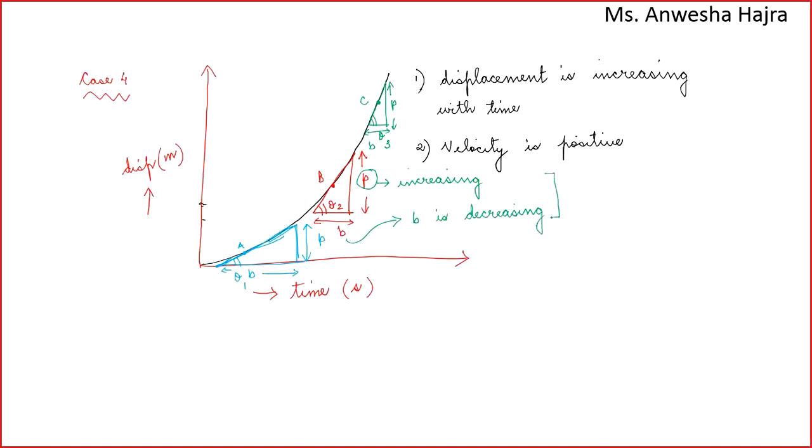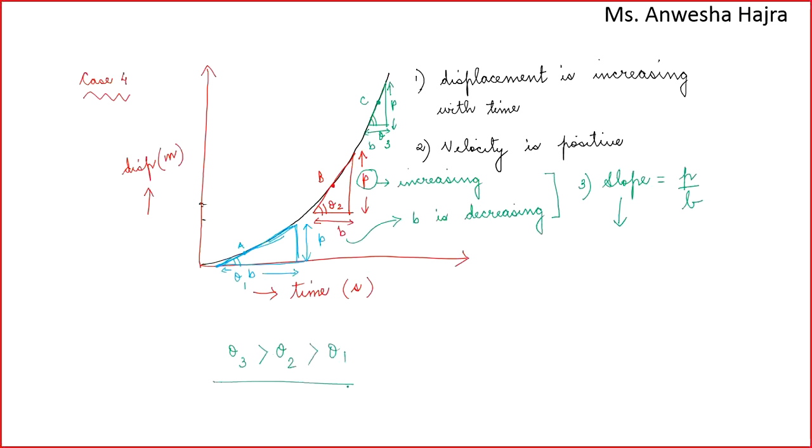So what happens? The slope of the graph. Slope is what? Perpendicular by base. The slope is increasing. You can see in the figure. Theta 3 is greater than theta 2, which is greater than theta 1.